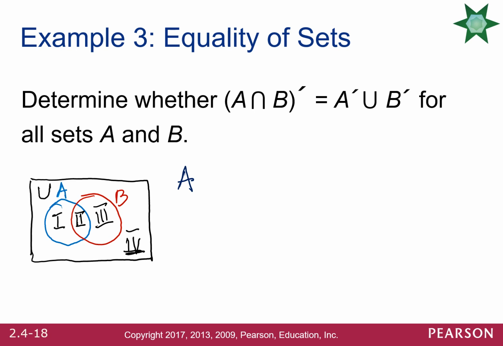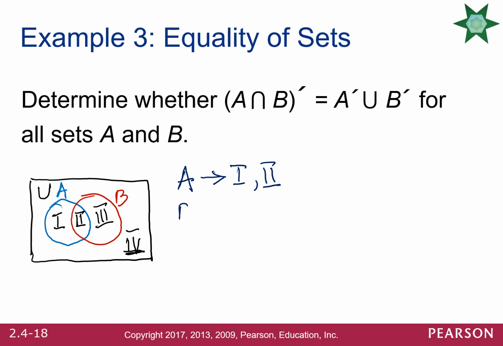Set A covers which regions? All right, so elements that belong to set A would be region 1 and region 2. So even though that's an overlapping area, still the elements of set A are in this region. So 1 comma 2. So let's write that. It's 1 comma 2.